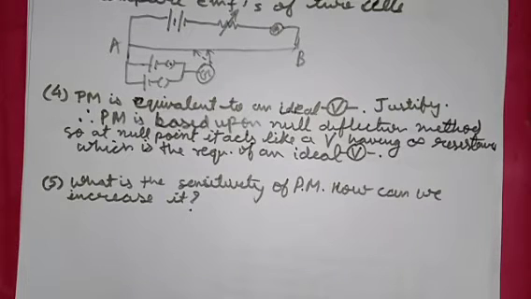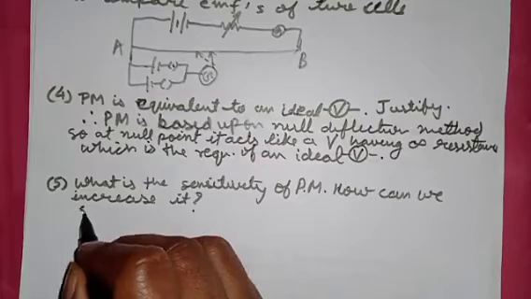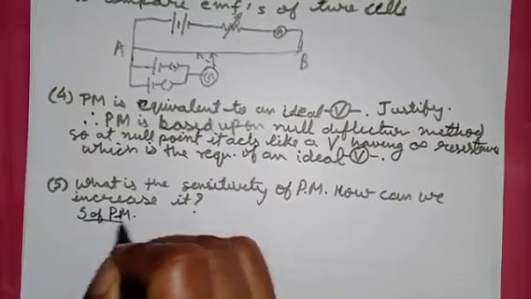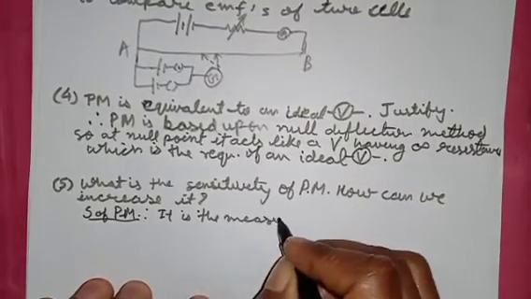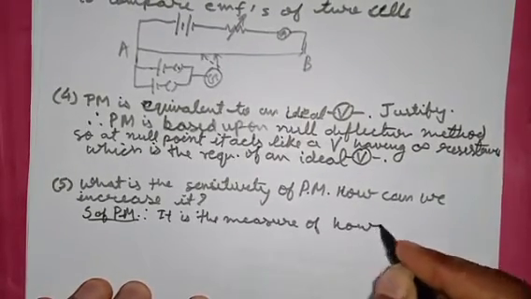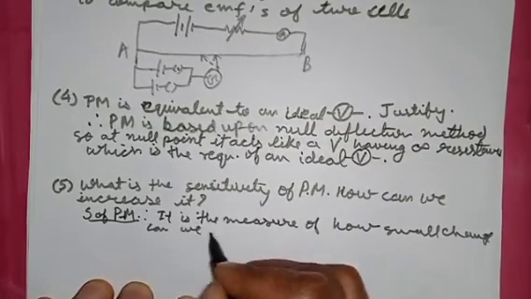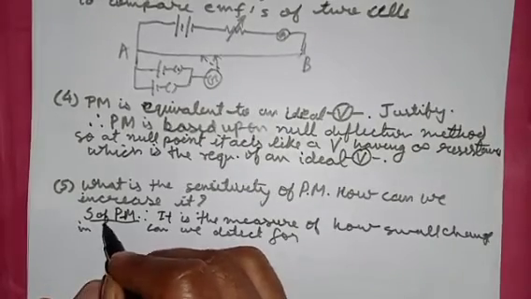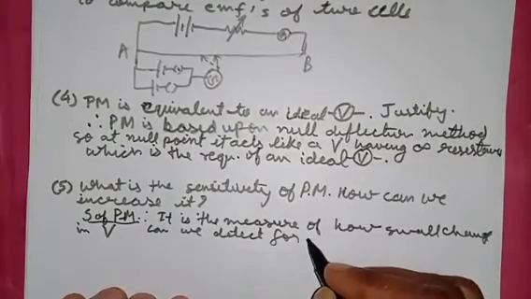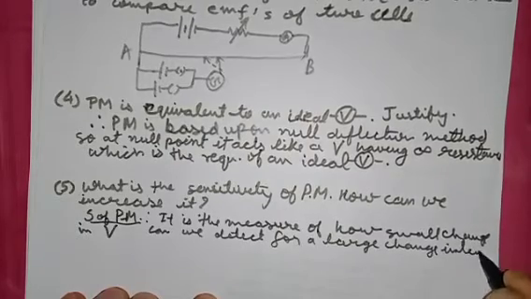What is the sensitivity of a potentiometer? How can we increase it? So the sensitivity of a potentiometer is the measure of how small a change in voltage can we detect for a large change in length.